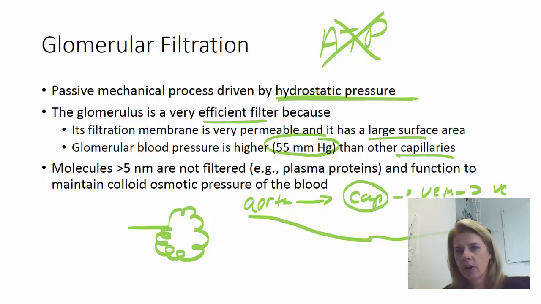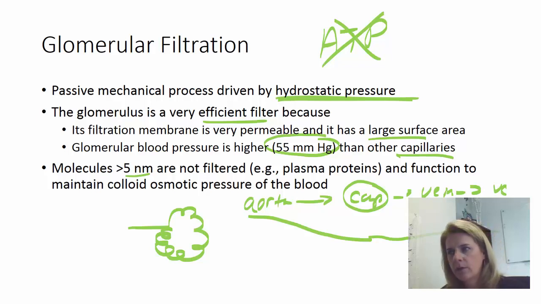When this filtration is occurring, big stuff won't pass. So there's actually a molecular sieve that won't allow things like proteins. So things that are bigger than 5 nanometers are not going to filter, like plasma proteins and things like white and red blood cells. Okay, so just the small stuff gets through.